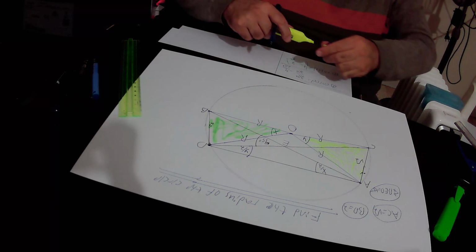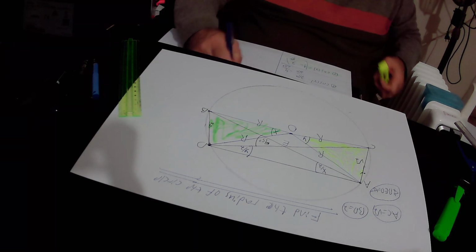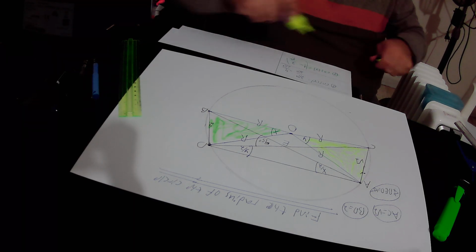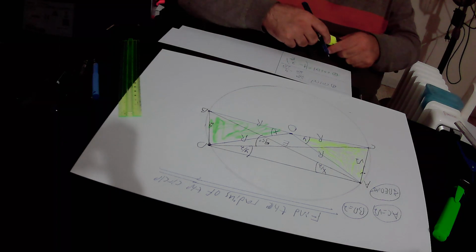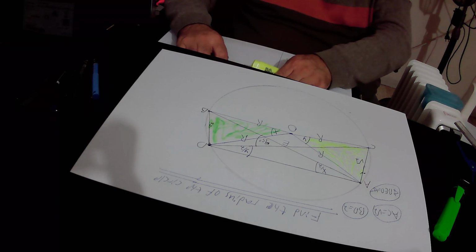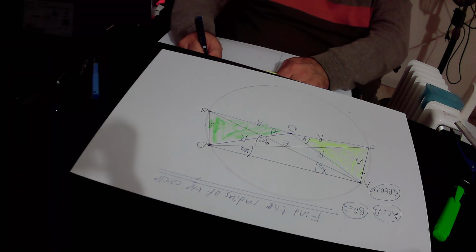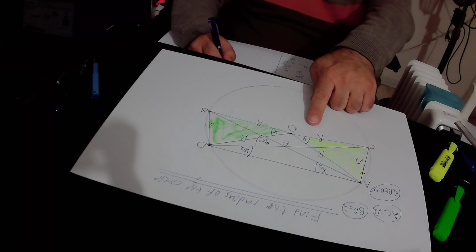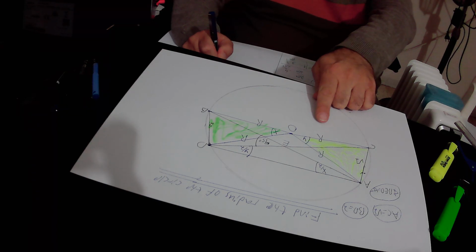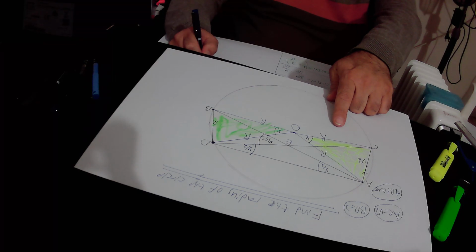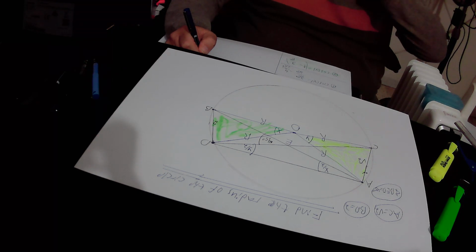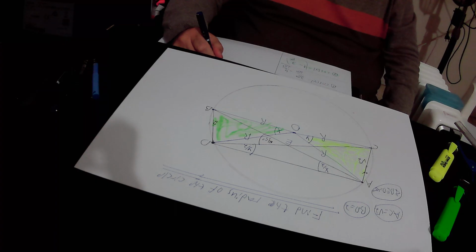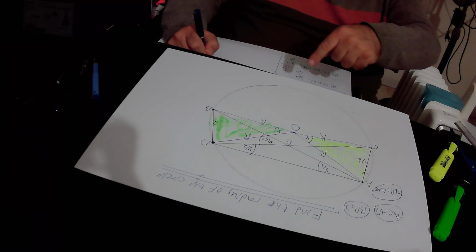In the yellow triangle, triangle ACO, according to the law of cosines, we'll get cosine y equals r squared plus r squared minus the square root of 2 squared, which is 2, over 2 times r times r.